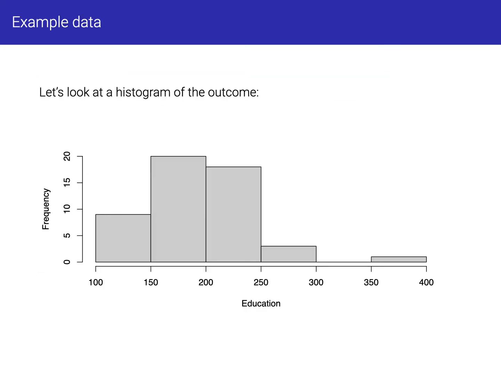So first off, let's start by looking at a histogram of the outcome and see what we can say about it.